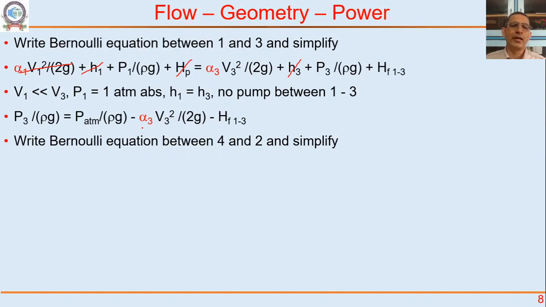Now you can easily calculate velocity, and HF we know for the whole pipe. HF between 1 and 3 is just proportional to length, that's all. So now P3 we can calculate.